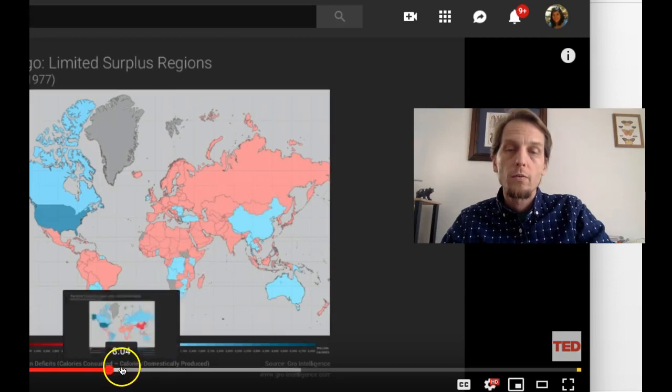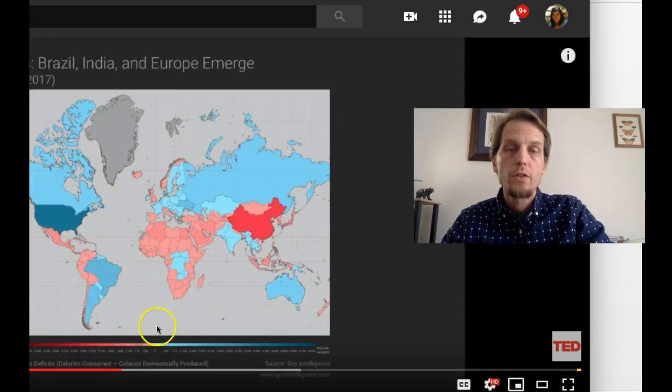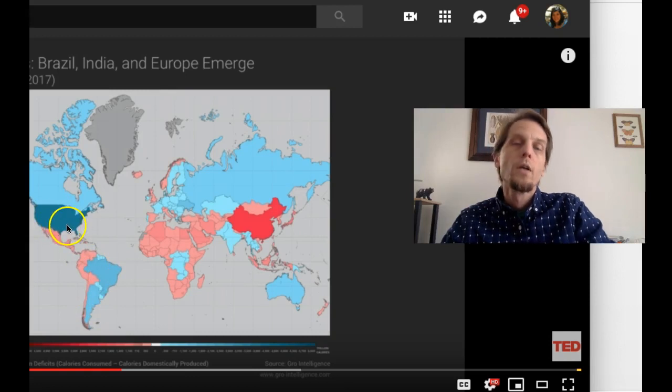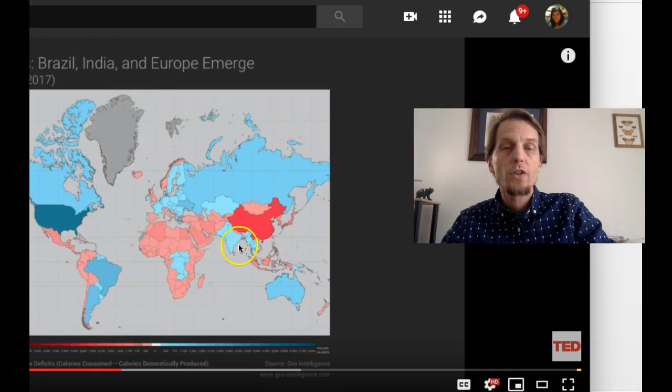What you might recall is the flip and switch of India to being light blue, China going from self-sufficient to dark red net importer, and then a powerhouse in agriculture has come up here in South America, and we of course are darker blue. So she gives some great statistics for what's happening in the last 40 years.